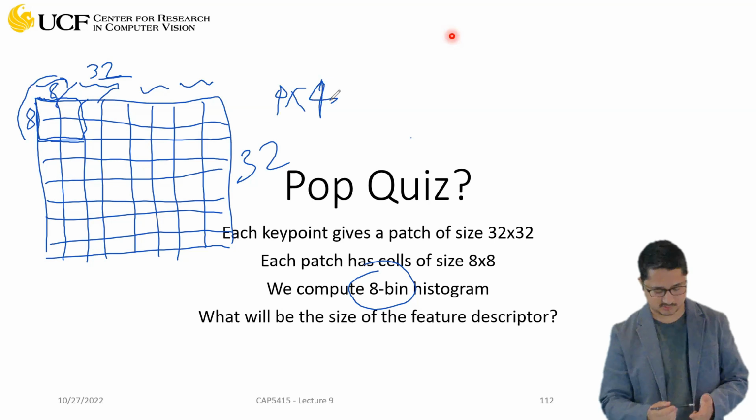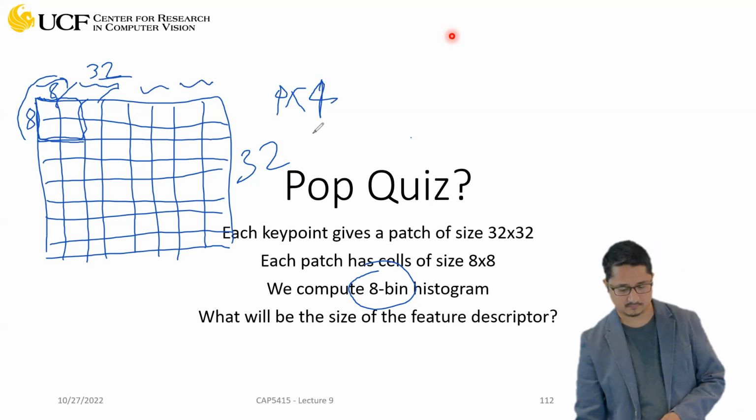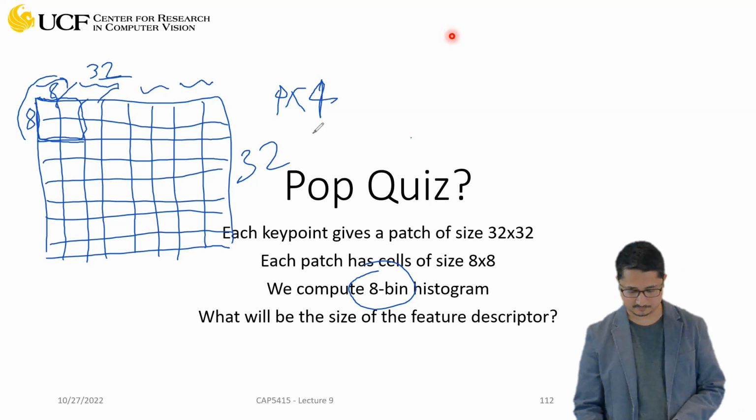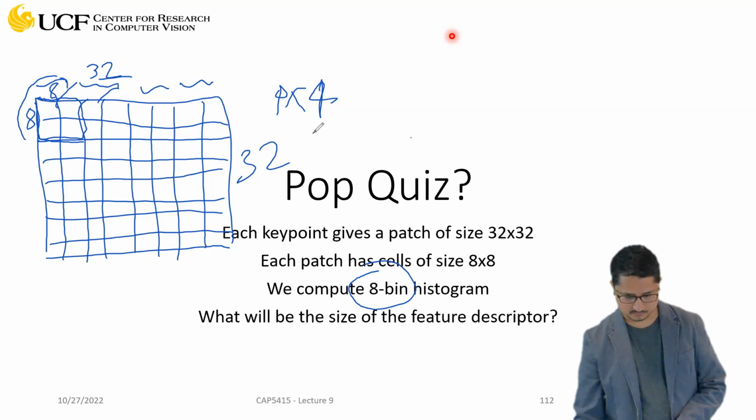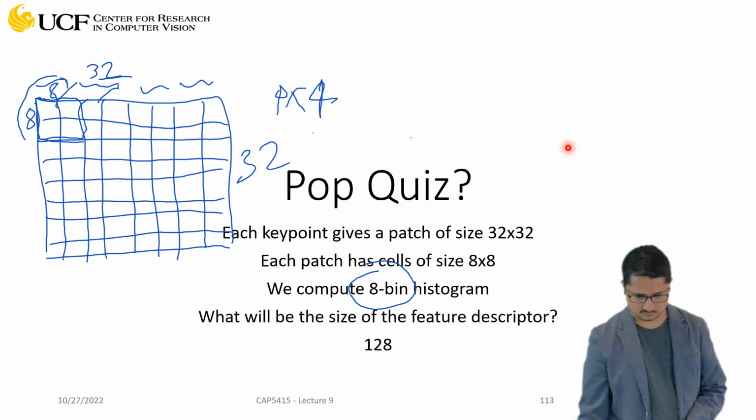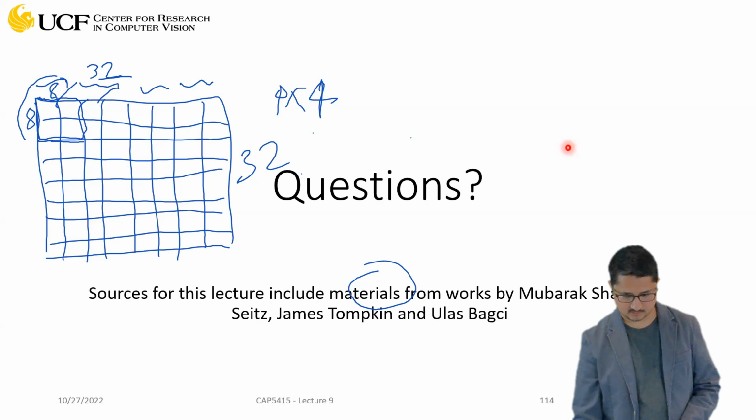Then 16 times 8 is your feature dimension, which is 128.